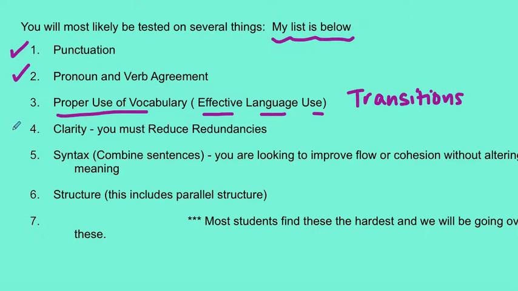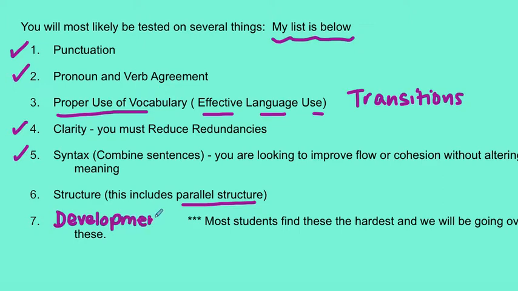And when I talk about clarity, you want to make things more clear, so you want to reduce redundancies. You're going to be asked to determine the proper syntax, which means combining sentences. So you're looking to improve the flow or cohesion without altering the meaning. Structure, and you spent a lot of time on this in your high school English classes, talking about parallel structure. And then the last one is development.